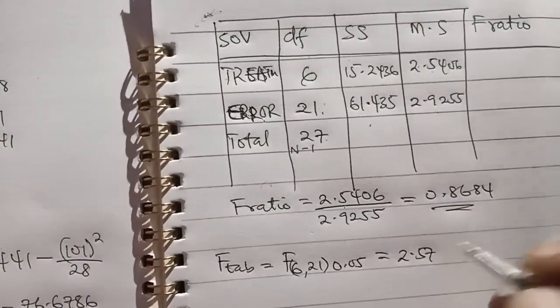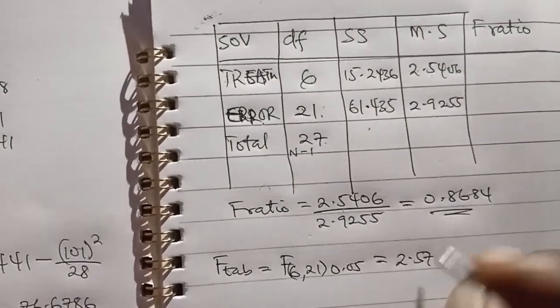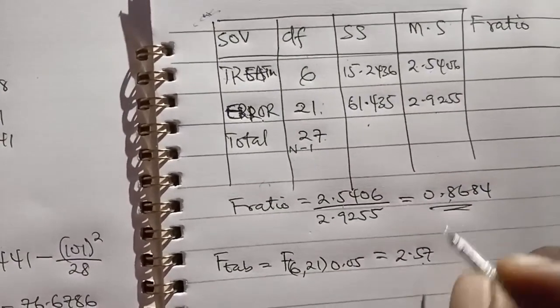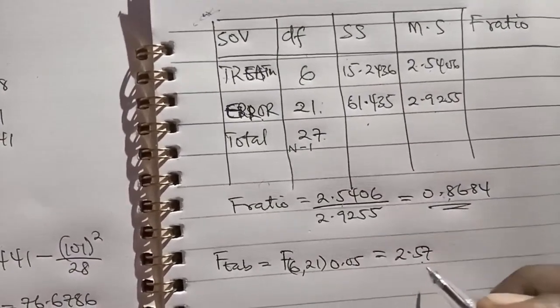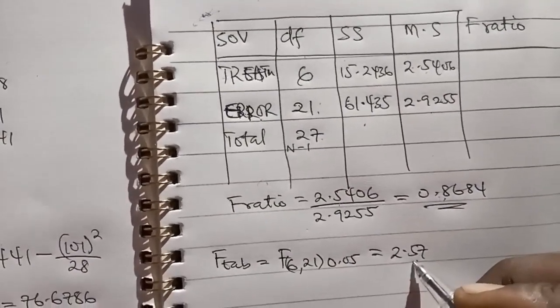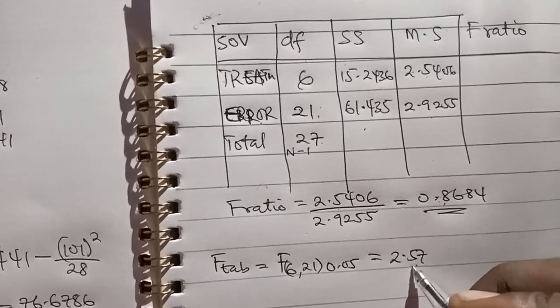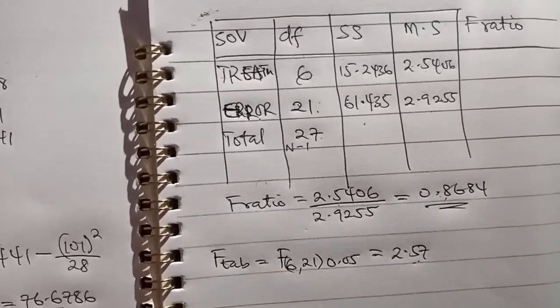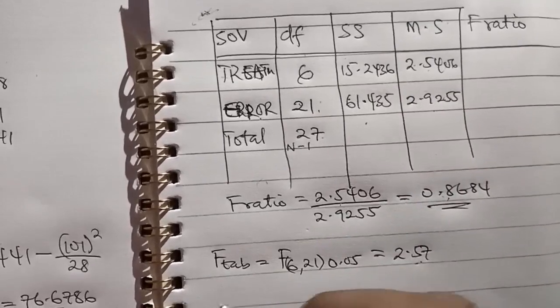If we compare both of them, you see this is less than this. So since the calculated is less than the tabulated, we accept H naught and conclude that the performance of the machines, they are the same.